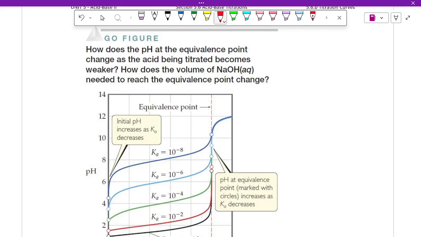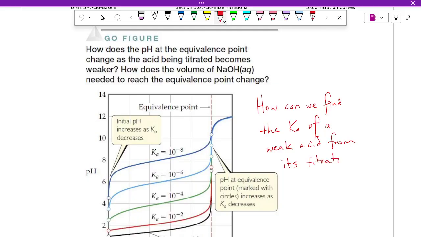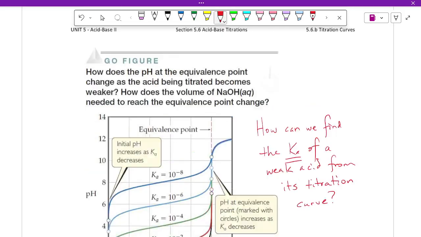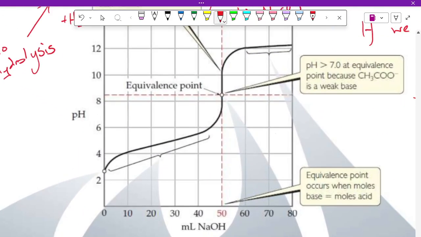How can we find the Ka of a weak acid from its titration curve? In fact, let's go back to the previous one so we're not looking at too many different ones.